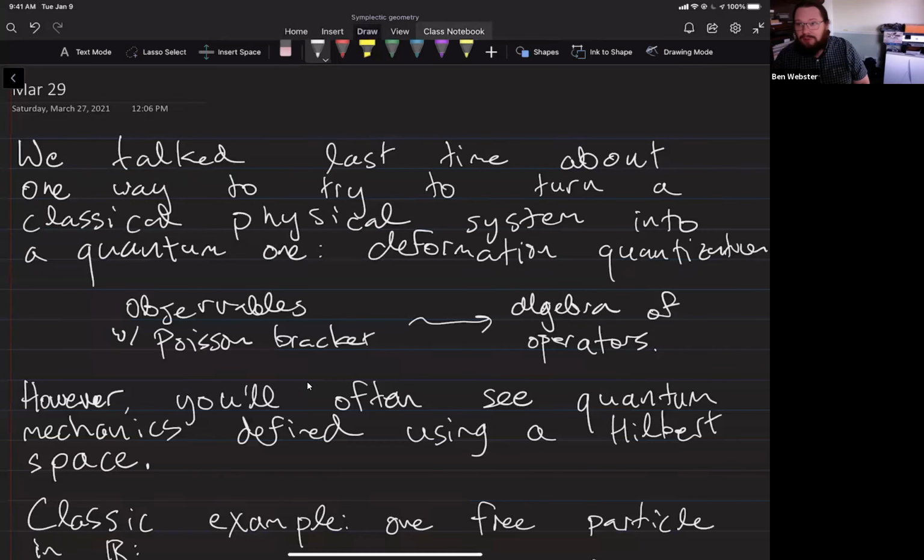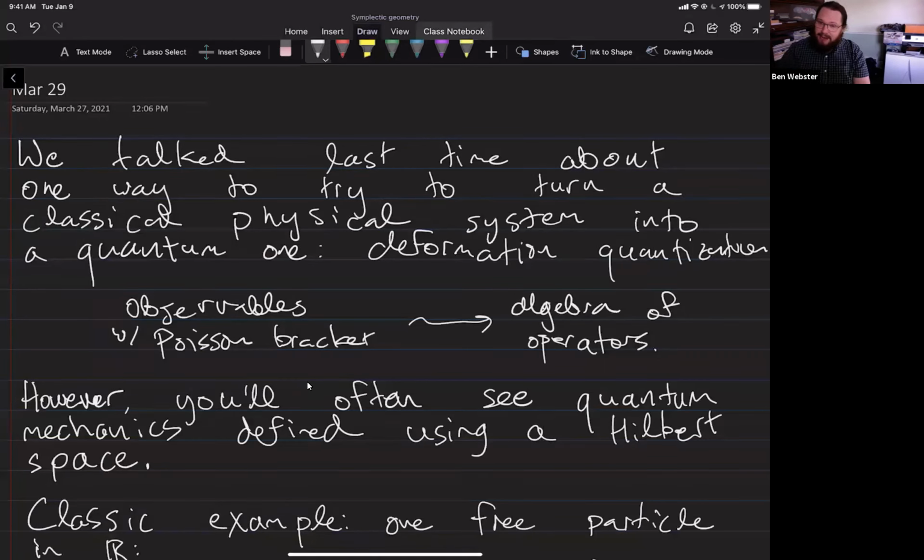Okay, so last time we talked about one way of thinking about quantization, with basically the idea that you have a symplectic manifold, you think of the functions on it as properties you can observe in your physical system, measurements you can make, and you pass to quantum mechanics by turning that algebra of observables into a non-commutative algebra.